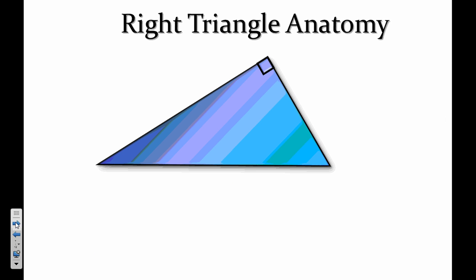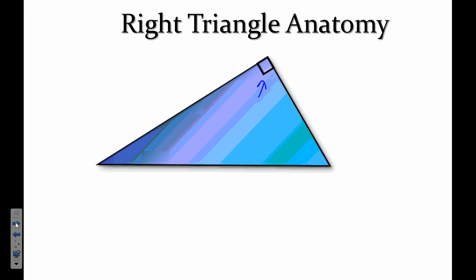All right, let's talk about a right triangle. A few days ago, we talked about an isosceles triangle having special parts. It had base angles, legs, and a vertex, right? Right triangles have special names too, okay? A right triangle has a right angle, obviously, hence its name.